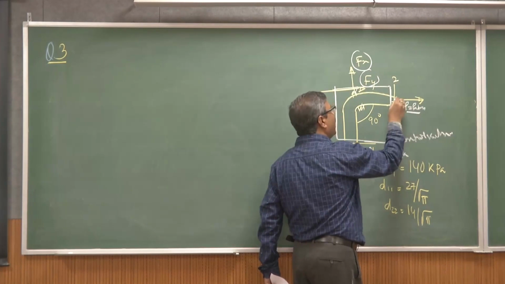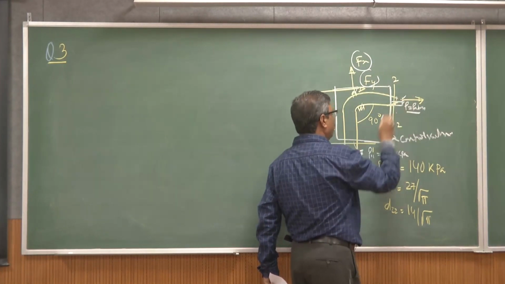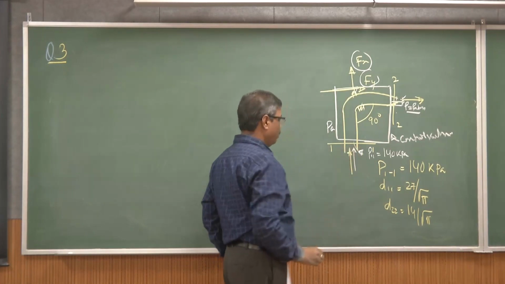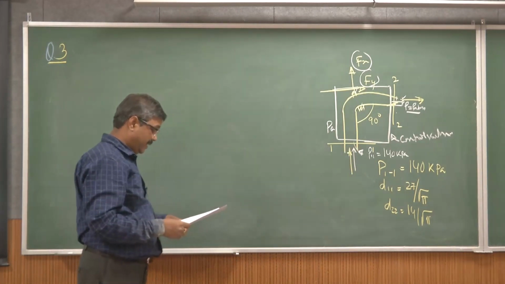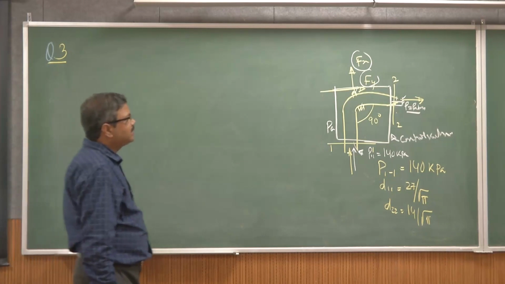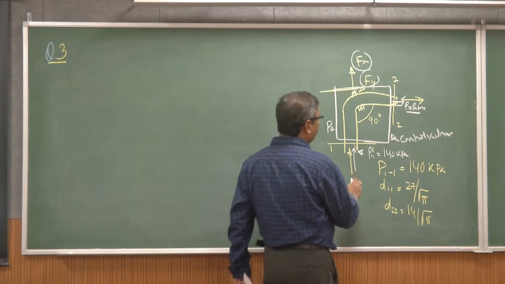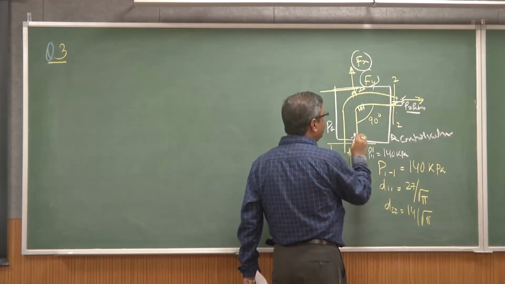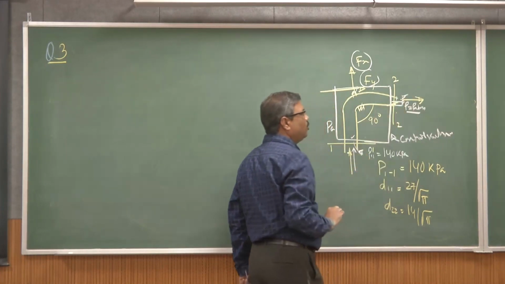Here you have the flow velocity, and here also you have the flow velocity component. If you look at this control volume, there is one inlet and one outlet.